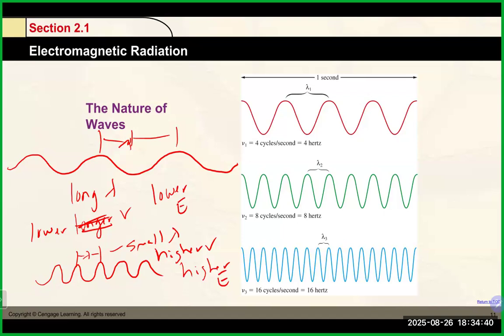So these are 3 wavelengths. One's red, one's green, and one is blue. And we can see here, this guy has a longer wavelength. It would be lower in energy than, say, our blue down here, which has a shorter wavelength. It will be higher in energy.